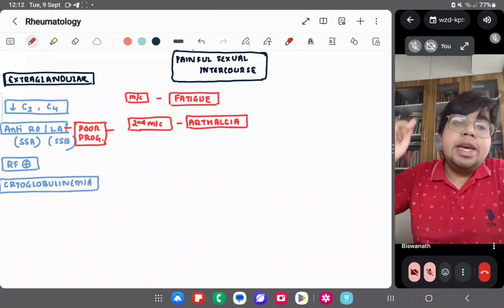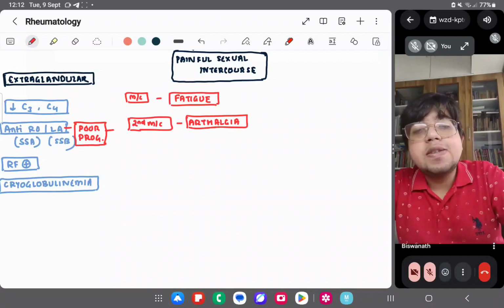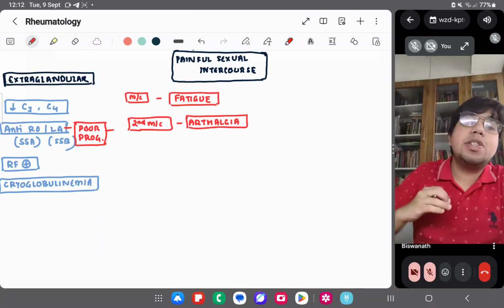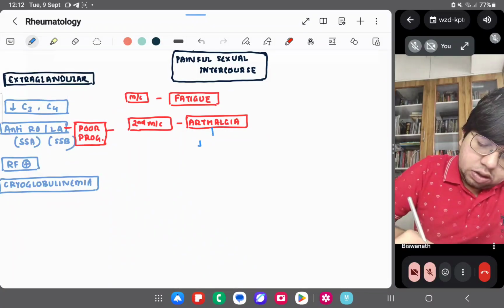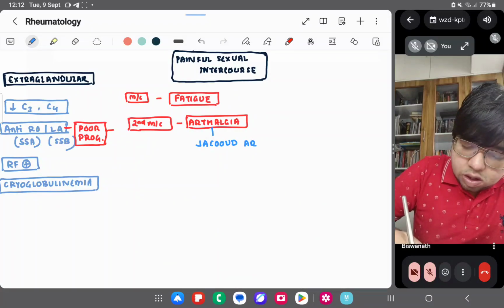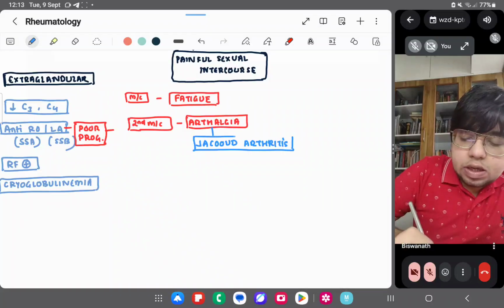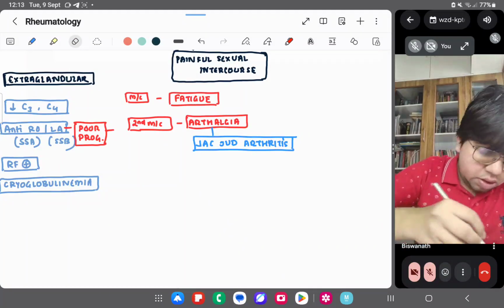Here in Sjogren syndrome, we have a non-erosive type of arthritis, which is called Jaccoud arthritis. Okay, so just a minute.